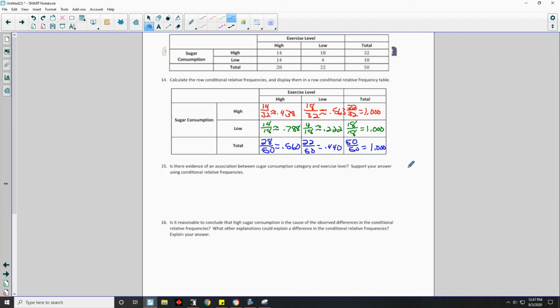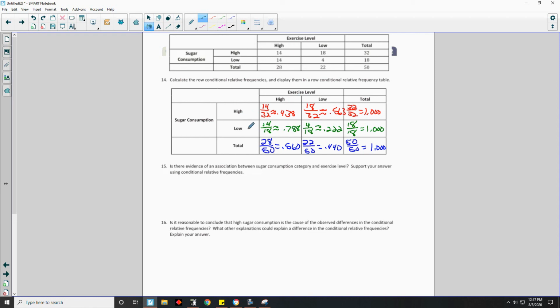Okay, so there's that. Now number 15 says, is there evidence of an association between sugar consumption category and exercise level? So they're asking if there is evidence associating these two. Support your answer using conditional relative frequencies. So we look at high exercise level, high sugar is 43%, low sugar, high exercise is 78.